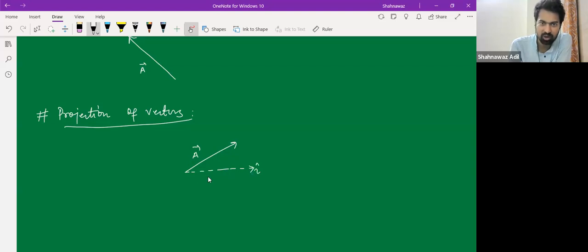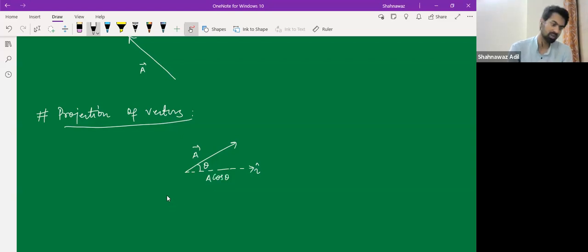So how much would that be? What would be the x component of this A vector? This is theta. So A cos theta.